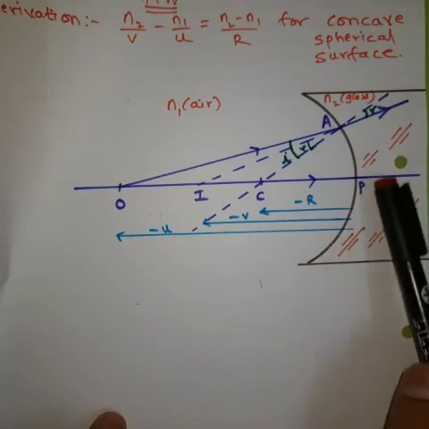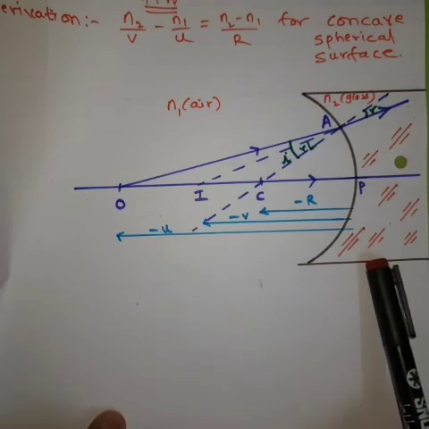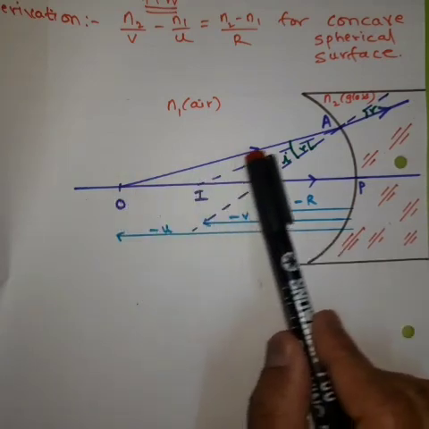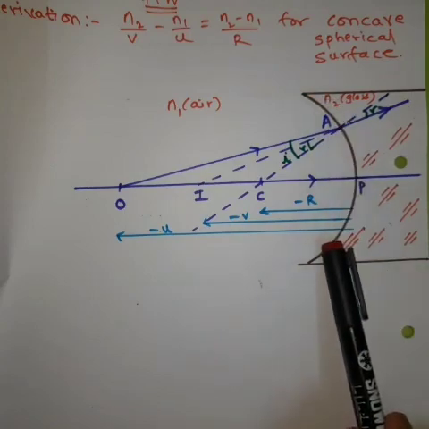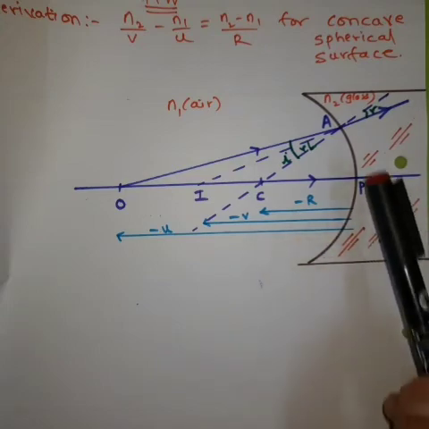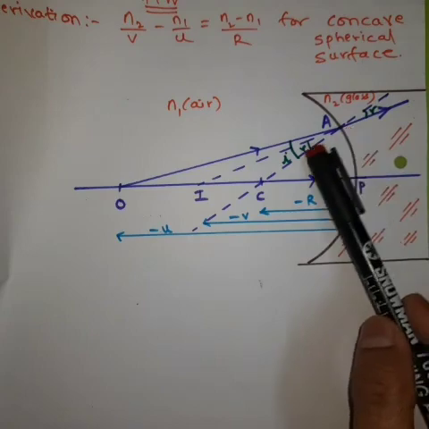These hatching lines indicate that it's a denser medium, and it's glass. So if there is an incident ray OA at this surface, there has to be a normal to decide what can be the angle of refraction. At this point, I draw a normal passing through C.